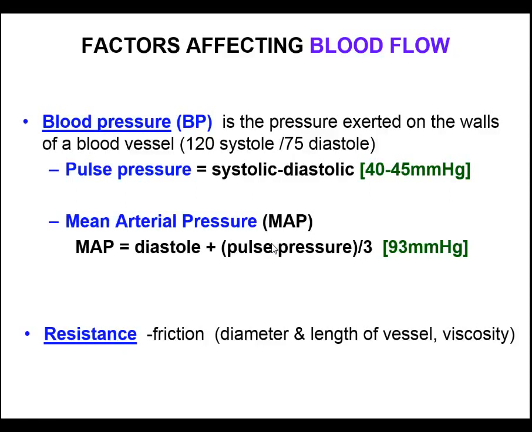We use this equation because what we're measuring is the same as if we could, within one cardiac cycle, take a whole series of blood pressure readings at 0.1 second apart. That would give us a mean arterial pressure.